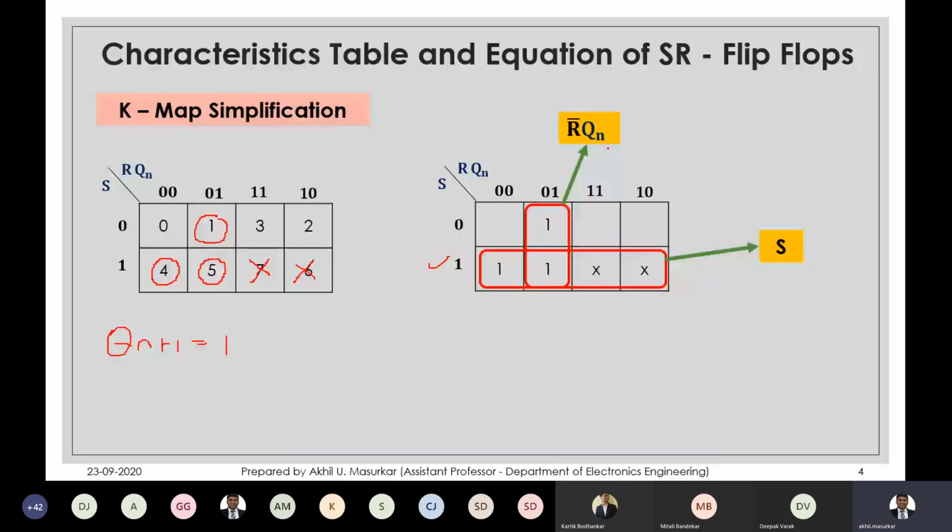So what will I get? Qn plus 1 is going to be S plus R bar Qn.